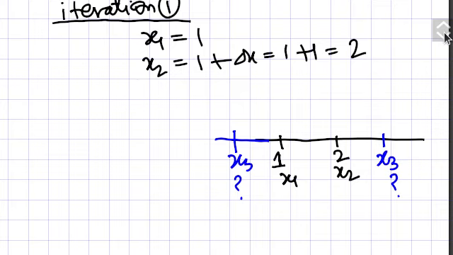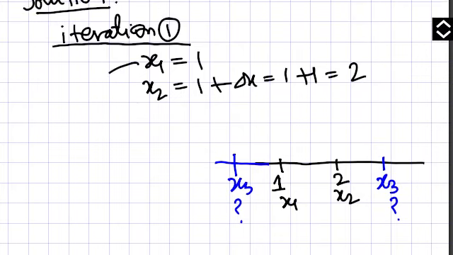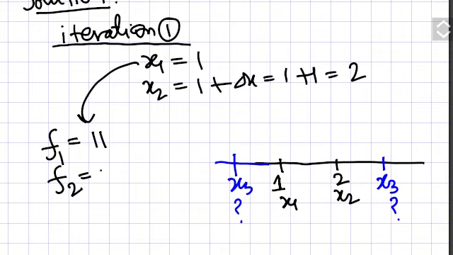Actually, for this purpose you find the value of the function at these points. So at x1, the value of function f1, if you calculate, is 11, and at x2 you will calculate, it will be 9. If you see this on the graph, this is 11 and this is 9. So you see the trend, that your function is falling like this.